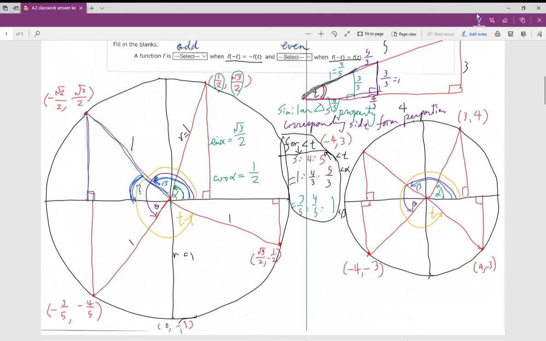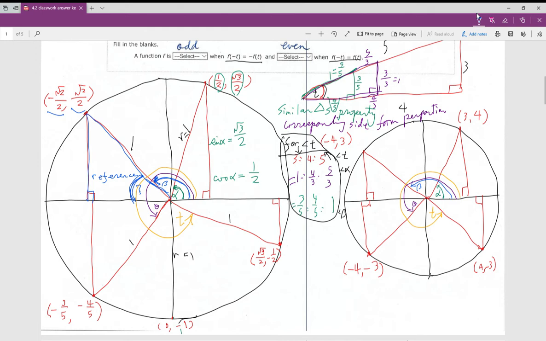We call this the reference angle. You use this reference angle to really build a triangle. Now after we build a triangle, because angle beta is this big, the coordinate x becomes negative, and the coordinate y is still positive.